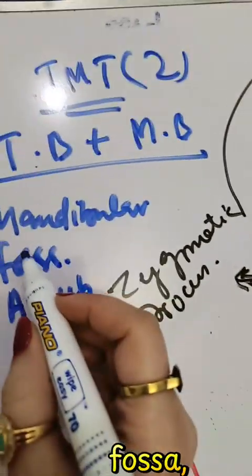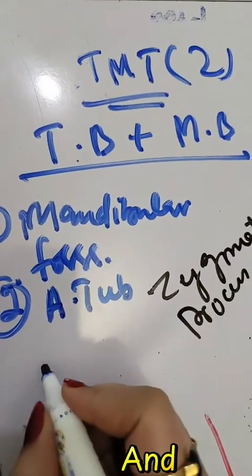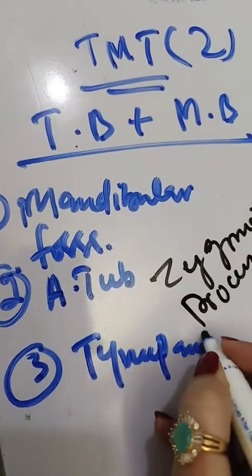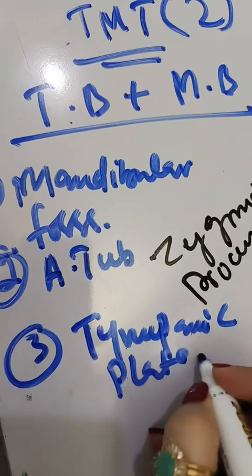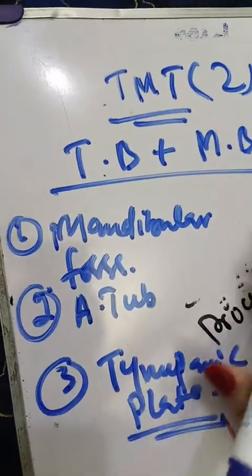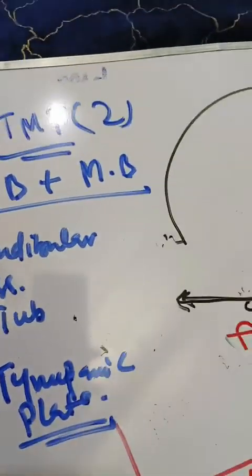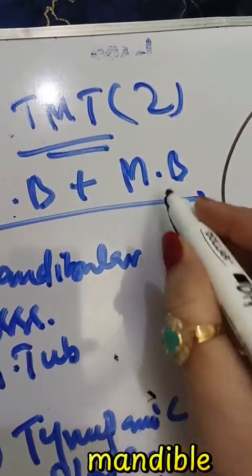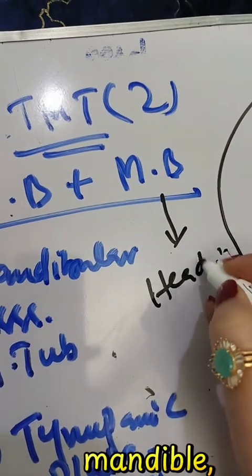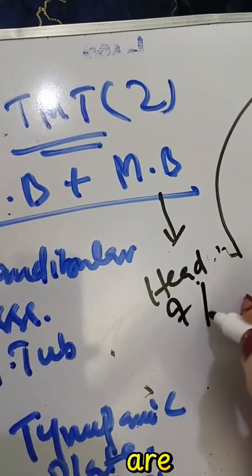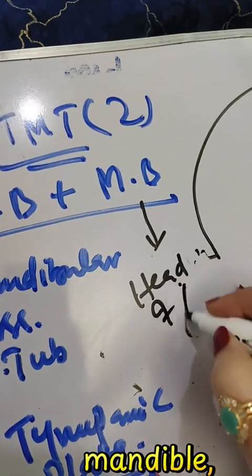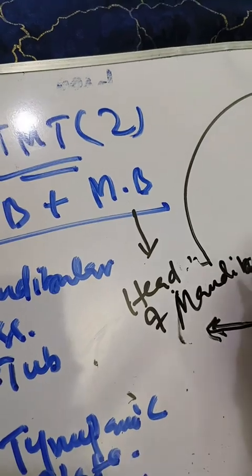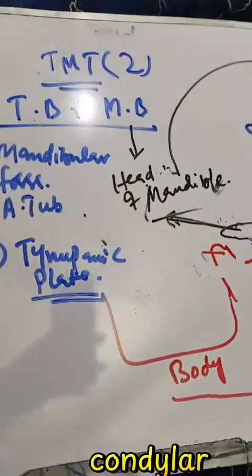This is the mandibular fossa. And third one is the tympanic plate. Another one, mandible bone, the head of the mandible, or condylar part of the mandible, okay.